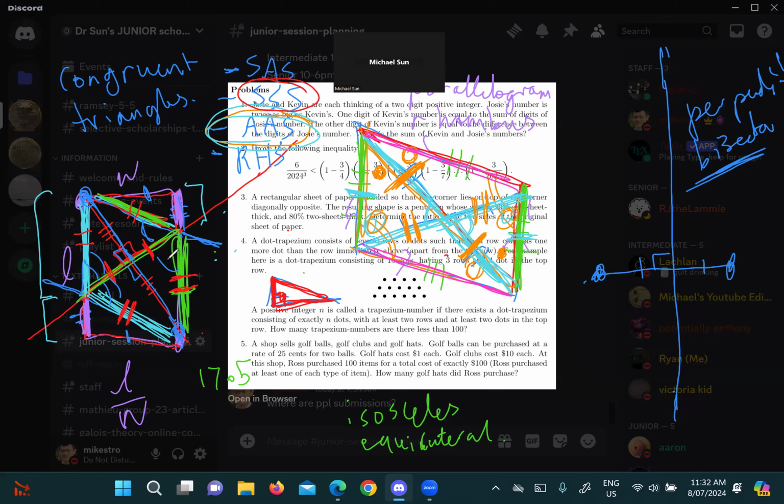You've got to be more specific because this is a time to be careful. So this one is 80% and these two are 20% of what? Of the pentagon.